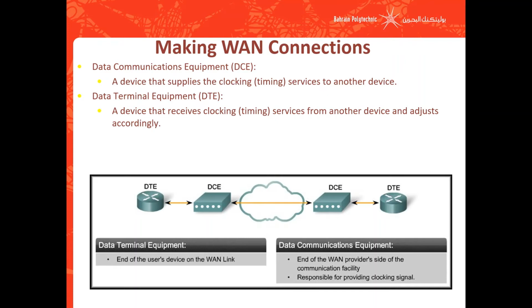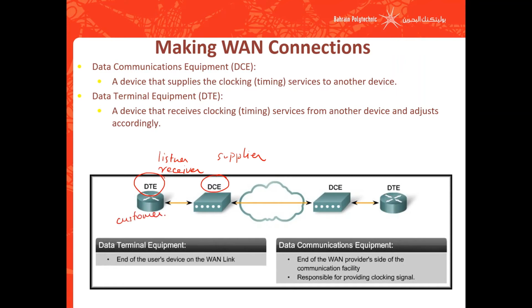Okay. In this case, DTE is basically your listener or the receiver, and DCE is basically the supplier, the one that's providing the clocking. Okay. Now, DTE is usually on the customer's end.